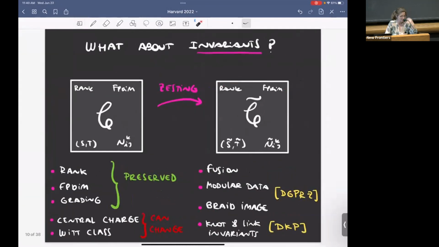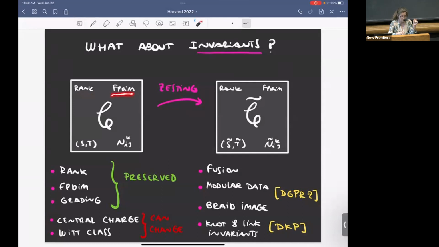So I was telling you a lot about this periodic table and this idea of looking into invariants. So what happens with the invariants when we zest? That's a question that we were looking at. We wanted to see how dramatically zesting could change your category. As I was saying, we only make changes in the fusion rules, in the associativity. We don't really change how we decompose these blocks in my graded category. So for example, the rank is unchanged.